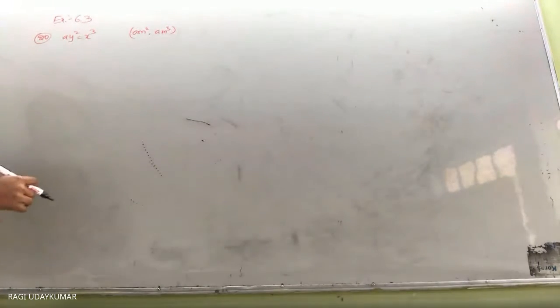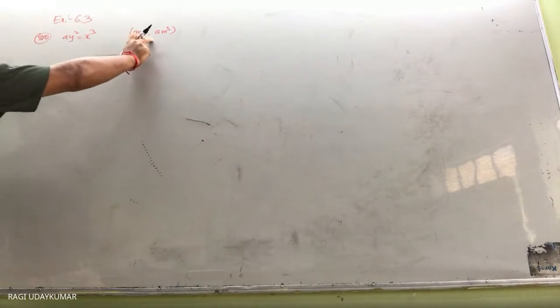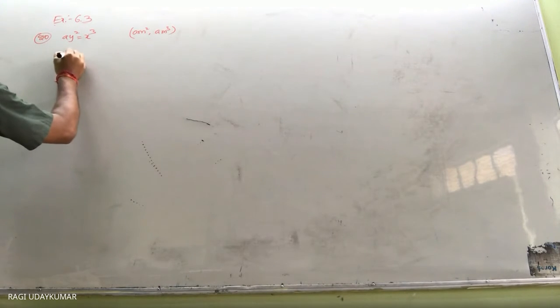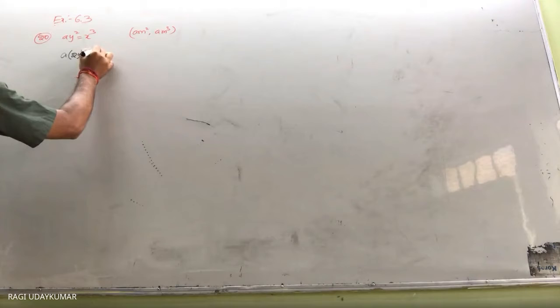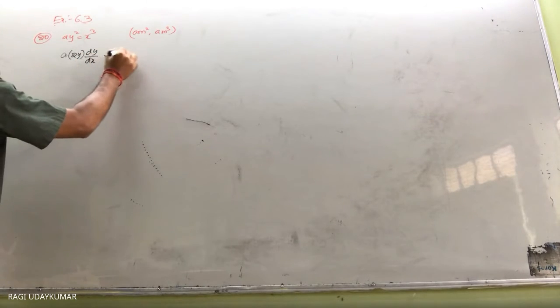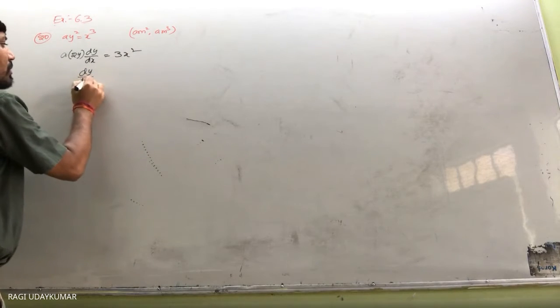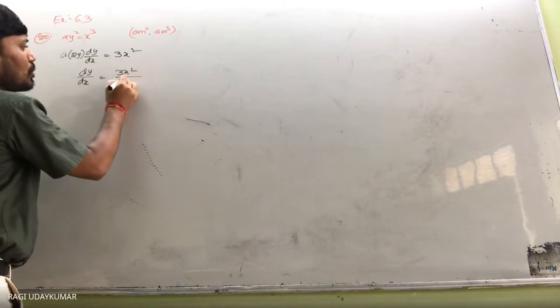Very simple here. The slope of the normal is nothing but minus 1 by dy by dx at that particular point. First find dy by dx. a into 2y into dy by dx is equal to 3x square. So dy by dx is equal to 3x square by 2ay.